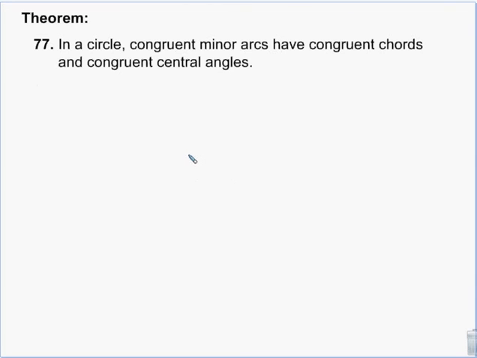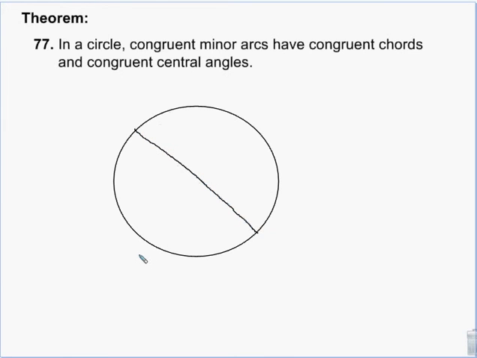Then we have, in a circle, congruent minor arcs have congruent chords and congruent central angles. Okay, now this is where I'm going to talk to you about the measure of an arc. Pretend that is the center of the circle even though it is not. Okay, this is the center. And I have a blue arc here and I have a red arc here.